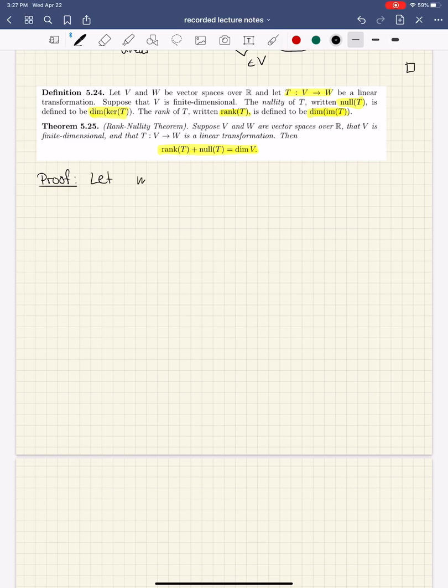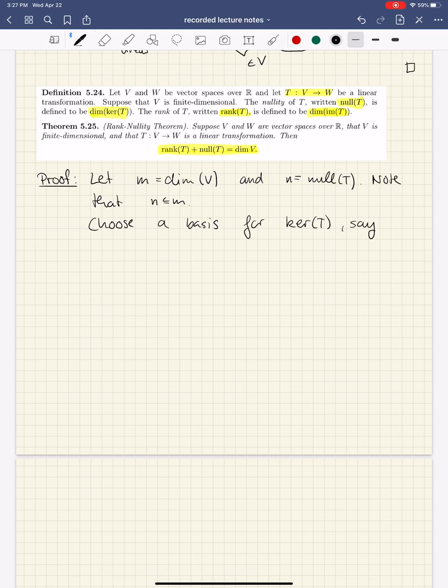Let's give these names. Let m be the dimension of V and n be the nullity of T. So first note that this n is always smaller or equal than m because the kernel is a subspace of V. Now we choose a basis for the kernel of T, say v1 through vn.